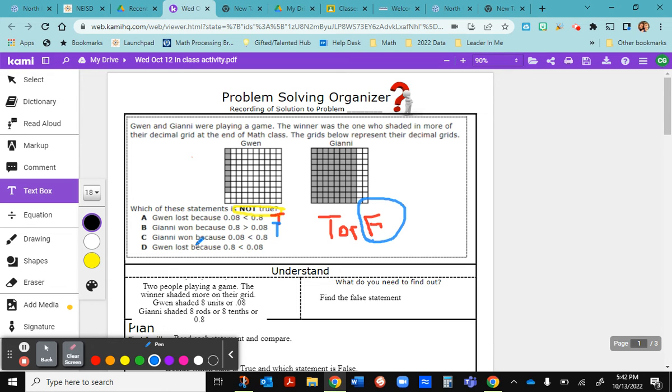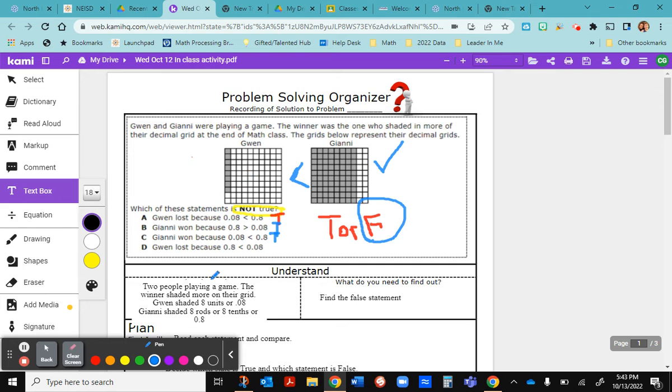Now, look at answer choice C. Gianni won. We know that Gianni won, right? I put a check mark there because 8 hundredths is less than, look at this, guys. If I were to write the inequality less than, does that make that a true statement? Yeah, it does. So that's a true statement. Now let's look at D. Gwen lost.